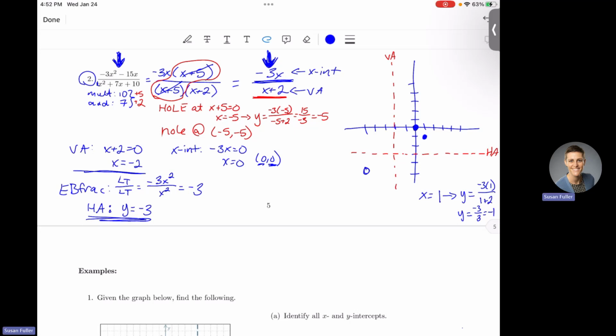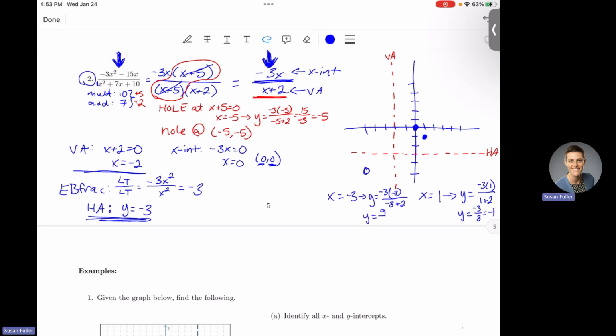And then I need another point on the left side of my vertical asymptote. How about x equals negative 3? Again, nothing magical about that. I just picked my favorite x value to the left of that vertical asymptote at x equals negative 2. So if I plug in x equals negative 3, I get that y is negative 3 times negative 3 all over negative 3 plus 2.